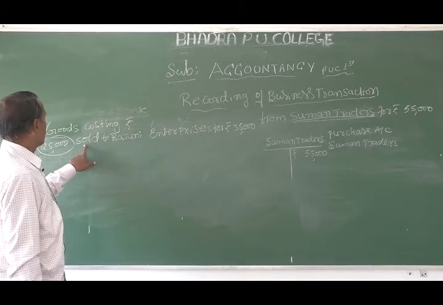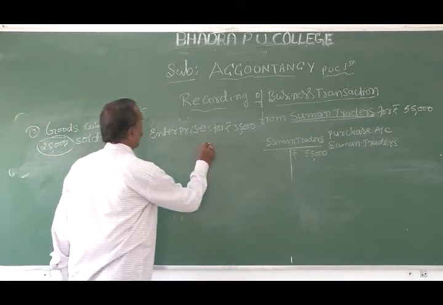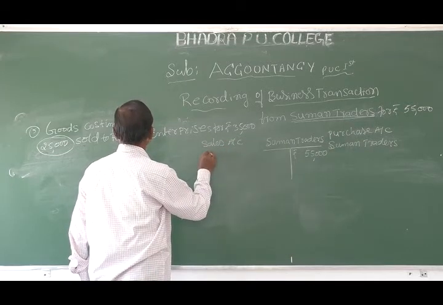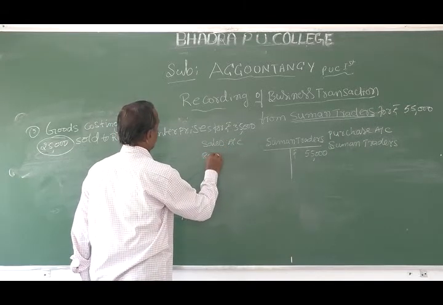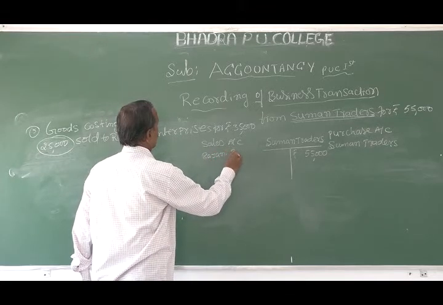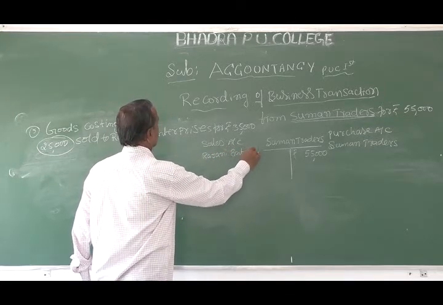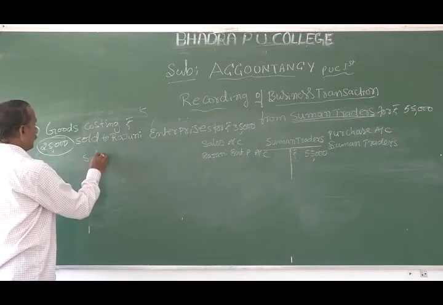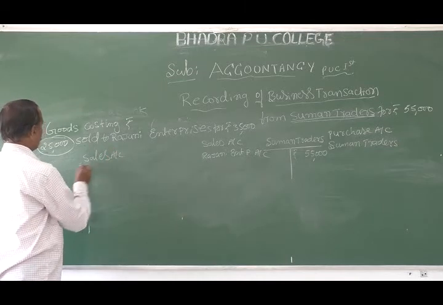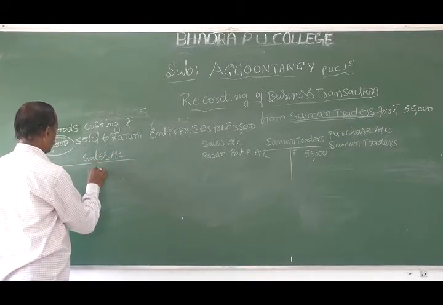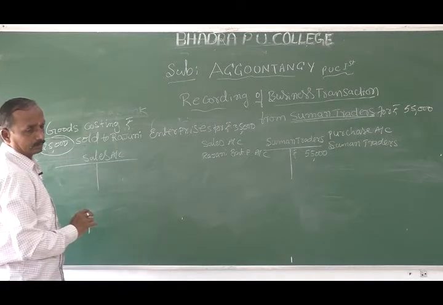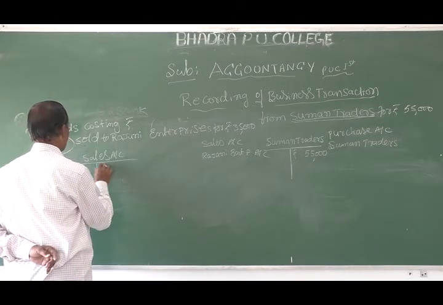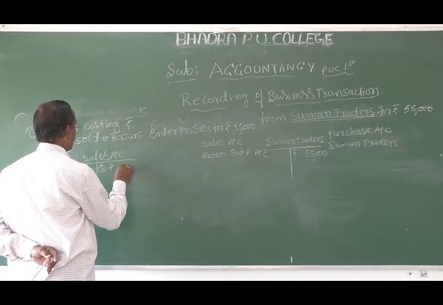One is sales account, another one is Rajani Enterprises account. First, sales is the revenue. Sales account increases, rupees 35,000.